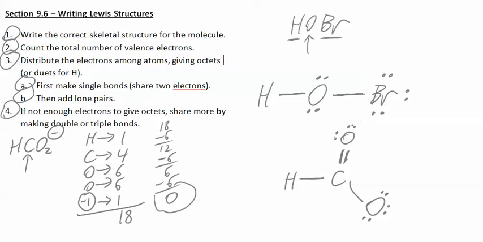So oxygen has 2, 4, 6, 8. Carbon has 2, 4, 6, 8. Now everybody has 8. Remember that this has a -1 charge. So until we learn how to tell which atom has the charge, if you want to say the charge is on the whole thing, you put brackets around it and put a negative out there.